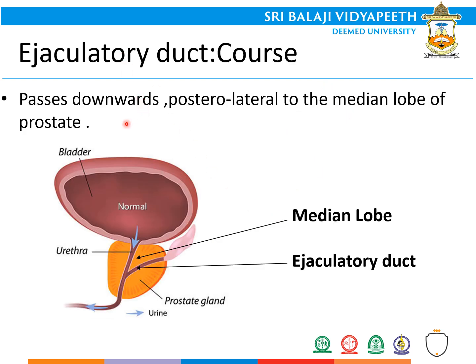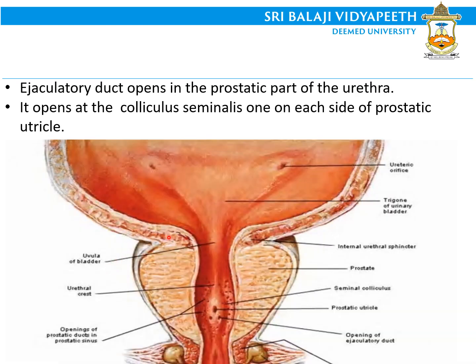The ejaculatory duct passes downwards posterolateral to the median lobe of the prostate. So this is the median lobe of the prostate, and it ultimately opens into the prostatic part of the urethra. Now, where exactly in the prostatic part of the urethra does it open? The posterior wall of the prostatic part of the urethra has a raised mucosal fold.